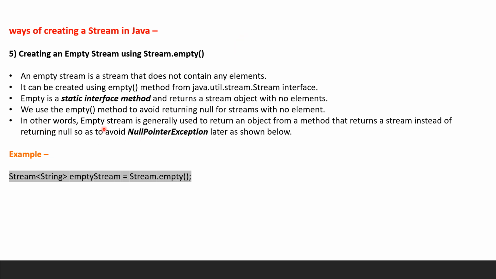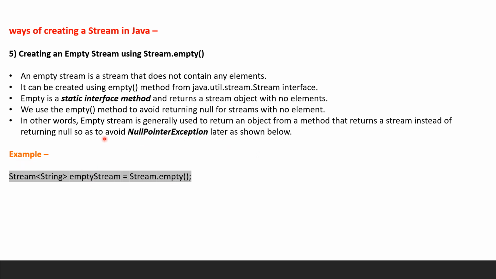In other words, it is actually used to return an object from a method that returns a stream instead of returning null. Whenever we don't know whether a value will be returned to us as an end result or not, in such scenarios, instead of getting a null pointer exception, we can have this empty stream so that we can avoid the null pointer exception.